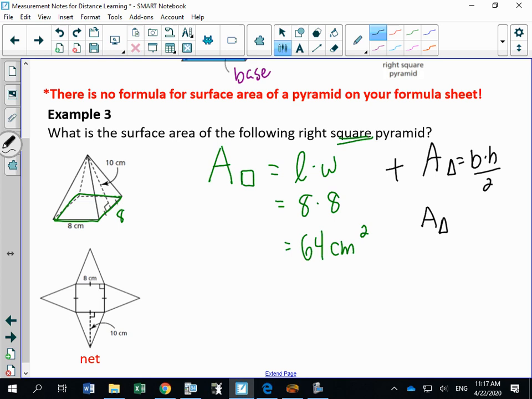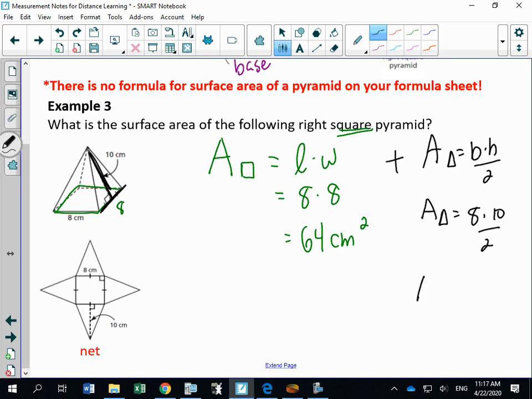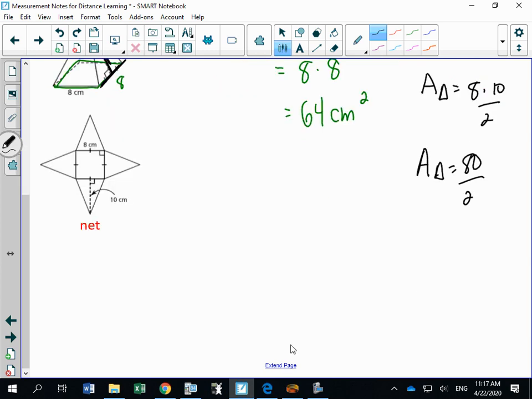So the area of one triangle, here's the base of the triangle, which is 8. Here's the height of the triangle, which is 10. And then you divide that number by 2. Area of one triangle is 80 divided by 2. So therefore, the area of one triangle is equal to 40 centimeters squared.